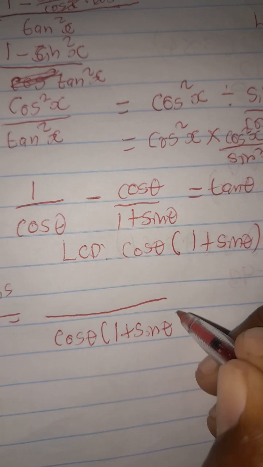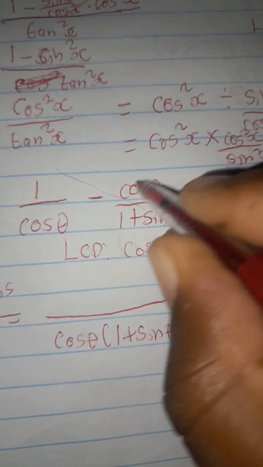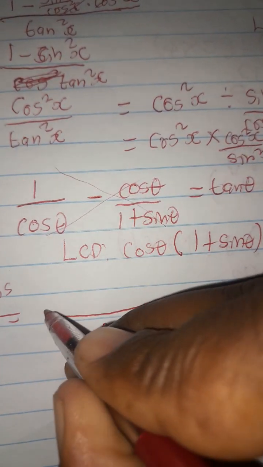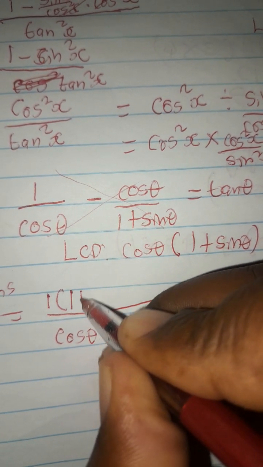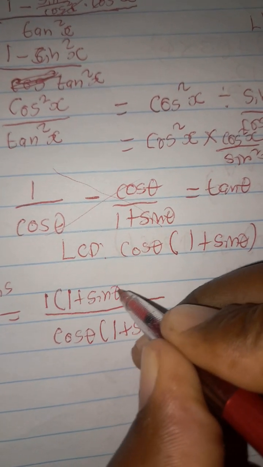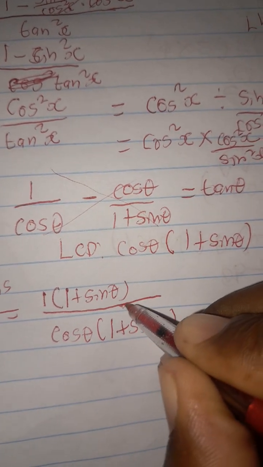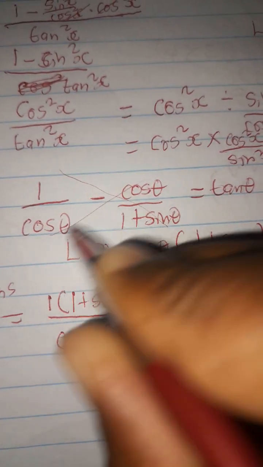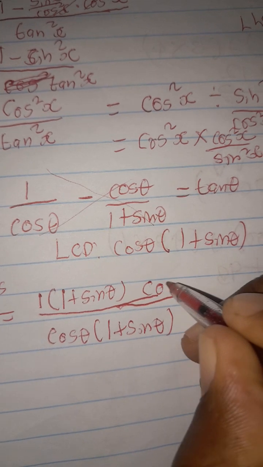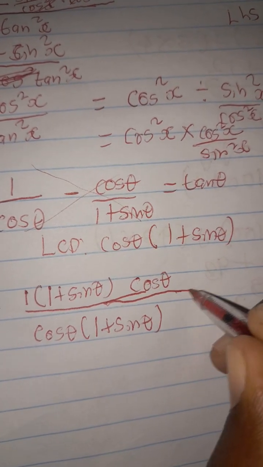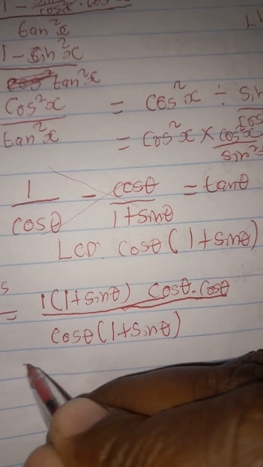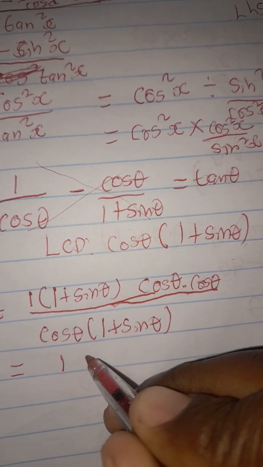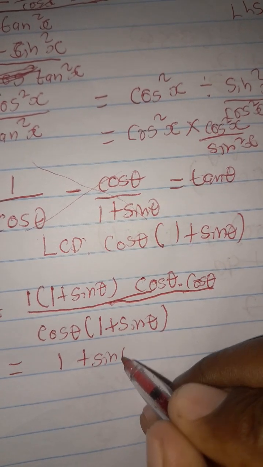Okay, so we can use cross multiply. 1 times this will be 1 multiplied by 1 plus sine theta. Then cos theta times cos theta. 1 times 1 is going to be 1 plus sine theta.